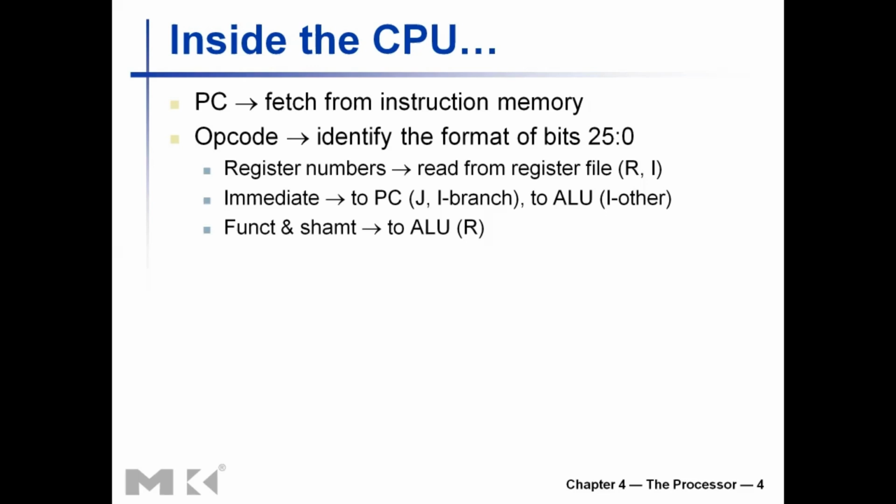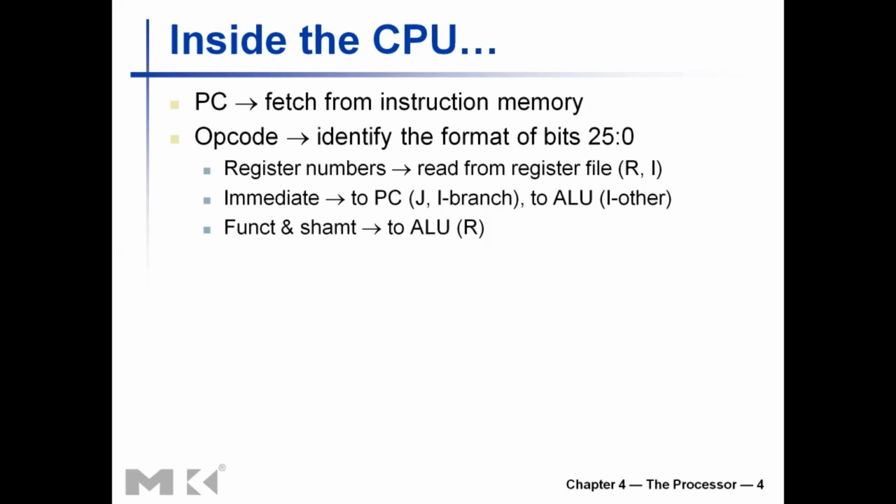So those immediate values will need to be sent to either the ALU, or in the case of jumps and branch instructions, you need to take the address and update the program counter based on that address. So we will go into more details when we look at the pieces of hardware that are required to implement these instructions.